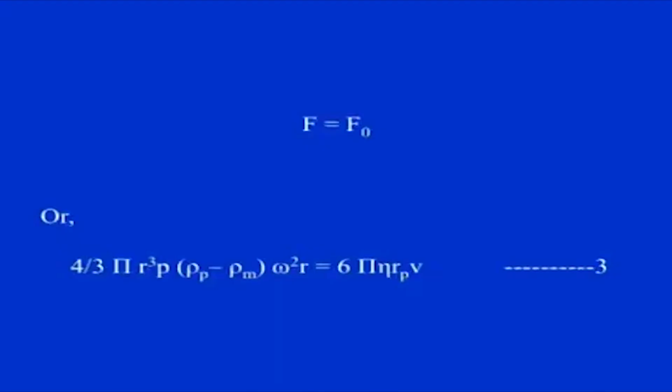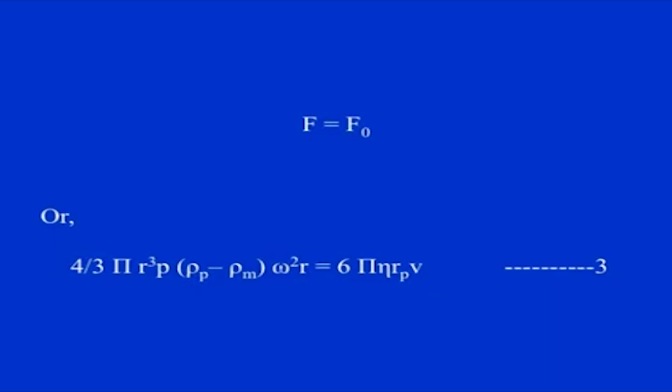So, the net force on the particle after a certain period of time equals the force resisting its motion through the medium. As the particle accelerates, very fast actually, this force is equaled by a resisting force, and then the particle moves with a constant velocity without acceleration. So, then you have the forward force due to the applied centrifugal force experienced by the particle, and the opposing force, which is the frictional force.